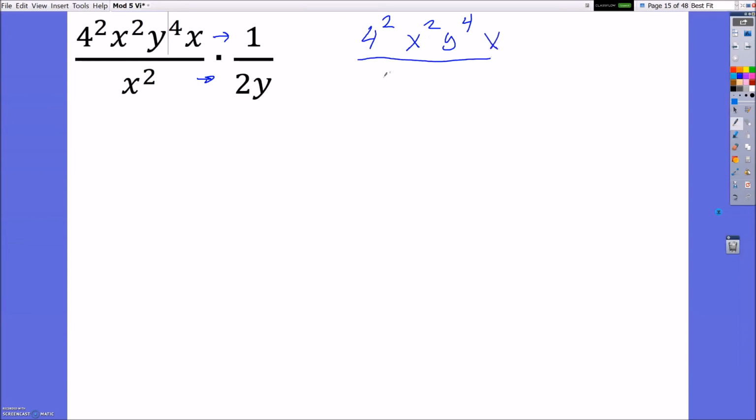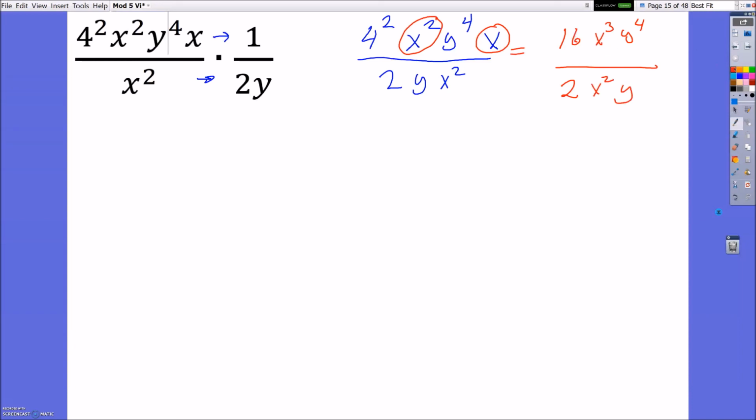And on the bottom, it's going to give me 2y x to the 2nd power. And here, I'm just going to start cleaning things up on the numerator first. This is going to give me 16 x to the 3rd, y to the 4th. I got x to the 3rd by looking at this x squared and this x. And that's going to give me then 2x squared y.